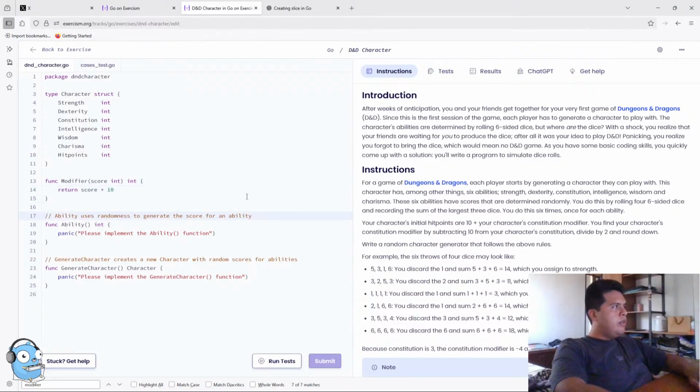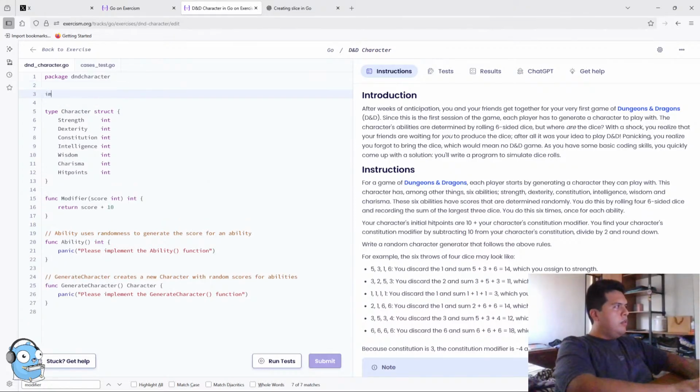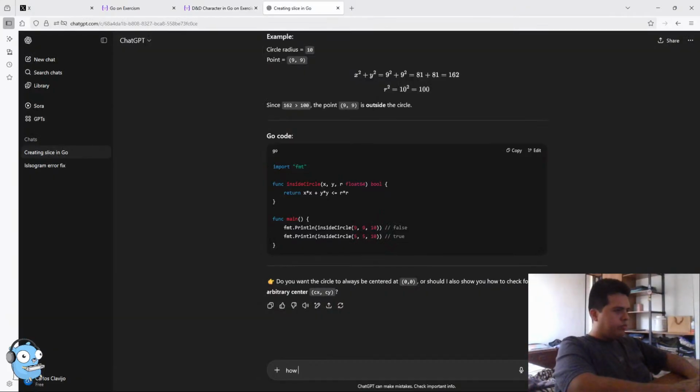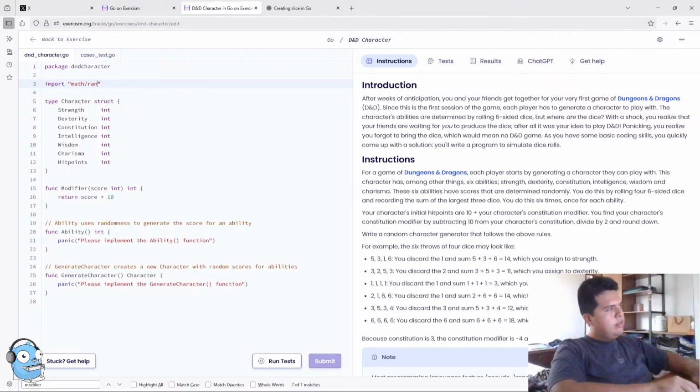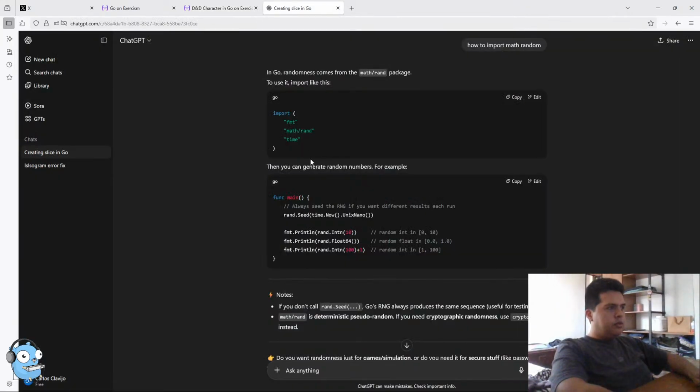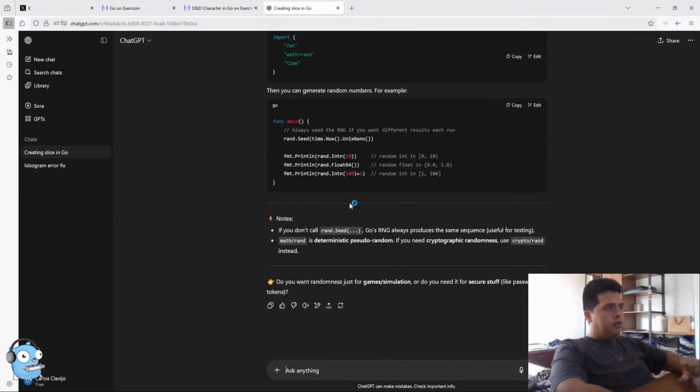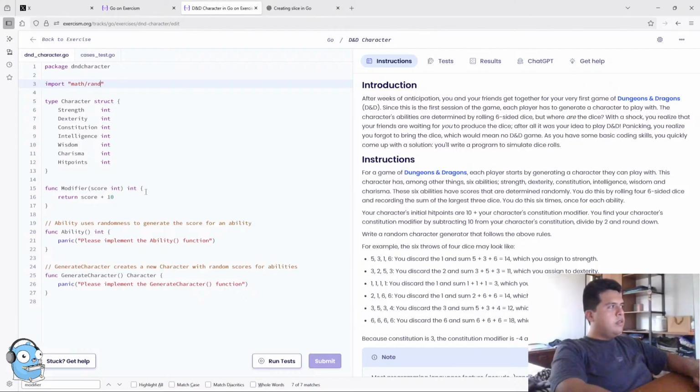Ability: use randomness to generate. How do I use mathematical random? I remember importing math, math rand. And I need to use rand int.